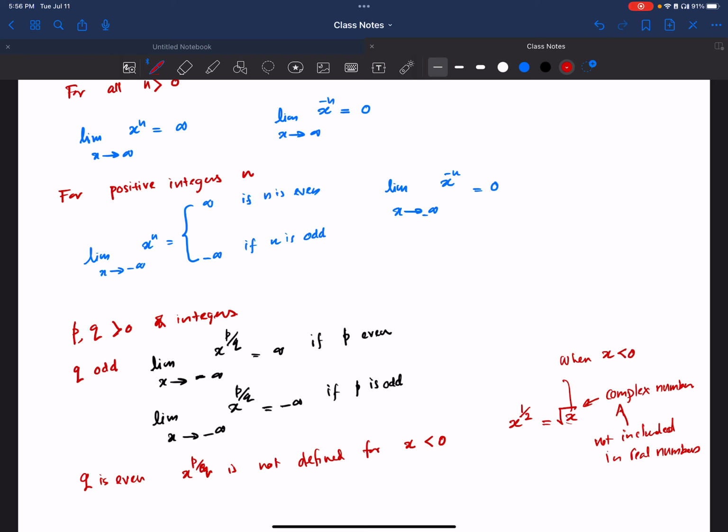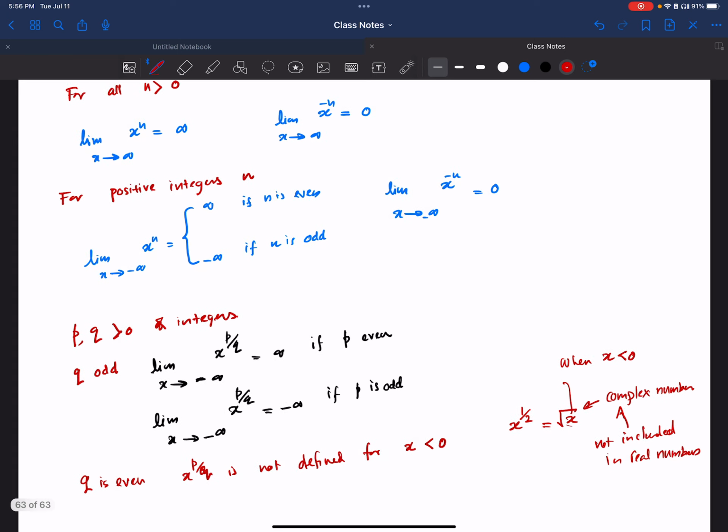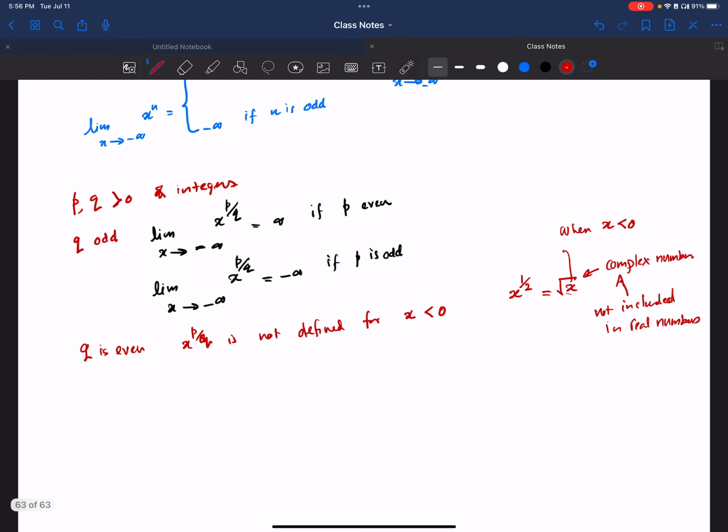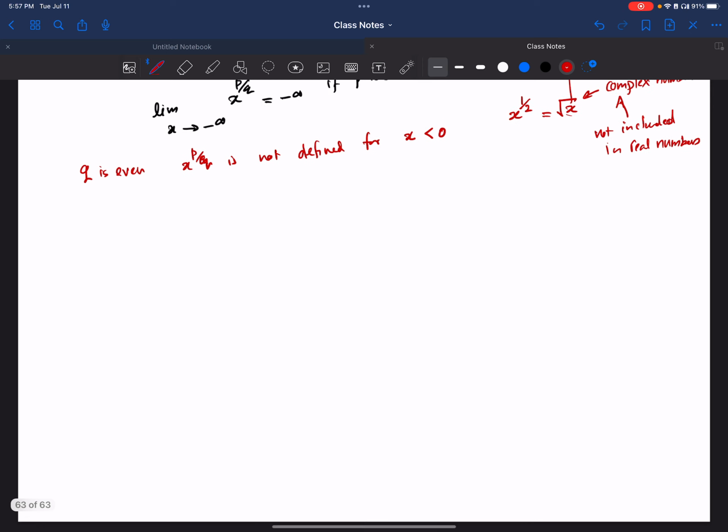What you have to keep in mind is when q is odd and p is even, this goes to positive infinity. When q is odd and p is odd, it goes to negative infinity. You don't have to actually remember these things. When we work the problems, you get used to this, and it's going to be really easy to use them.